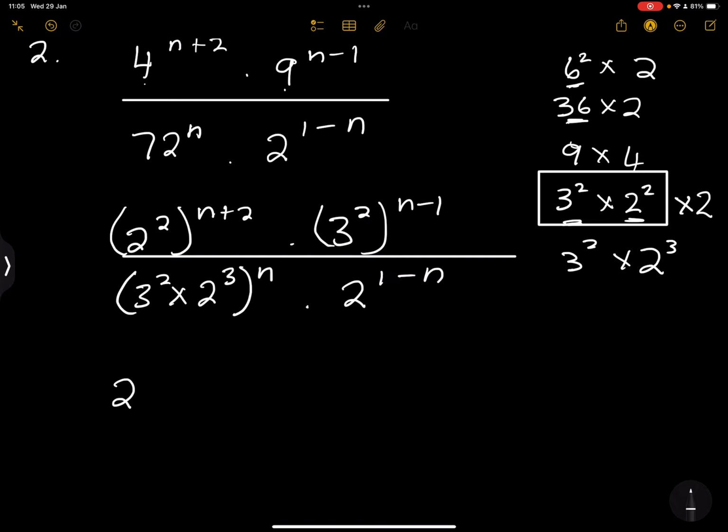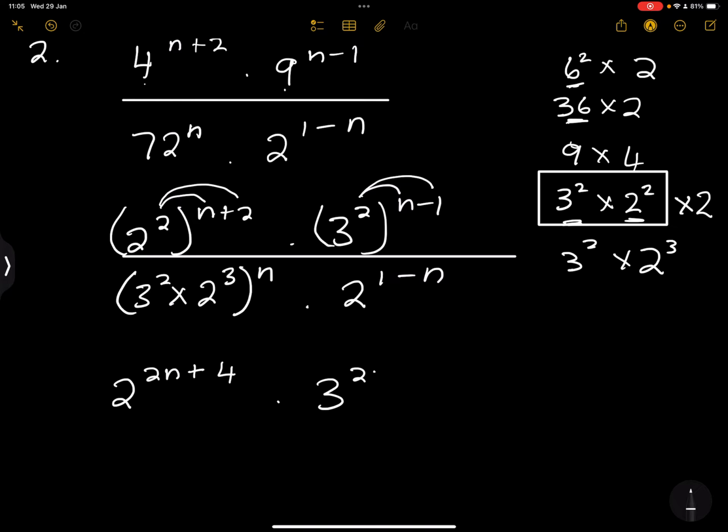Okay, the laws of exponents. So that's 2 times n and 2 times 2 there. So that's going to be 2n plus 4 times 3. That's 2 times n, 2 times negative 1.